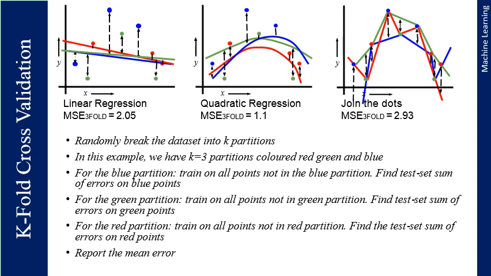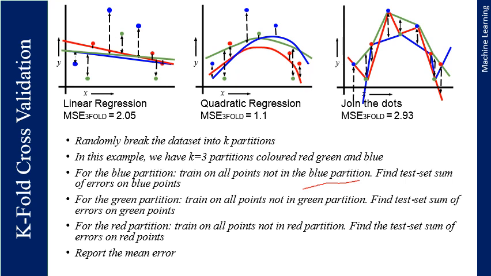So in this example, we have k equal to three partitions colored in red, green, and blue. So for the blue partition, train on all of the points except the blue partition. Find the test set sum of errors on the blue points. That means train onto the green and the red points and test it onto the blue points.